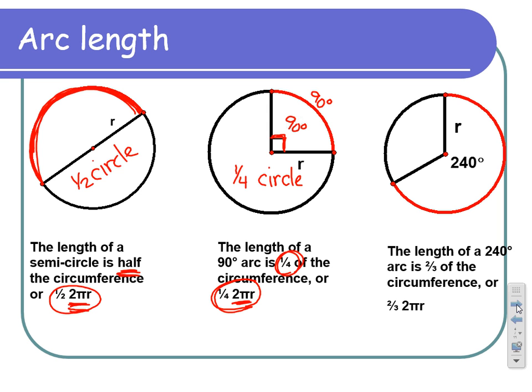And then last but not least over here, I have a 240-degree arc here in red. This is a pretty big arc right here. But if I want to know how long that is, well, if I only have 240 degrees of the circle, how much of the circle do I have? Well, if you think about an entire circle being 360 degrees, what fraction of 360 am I working with?